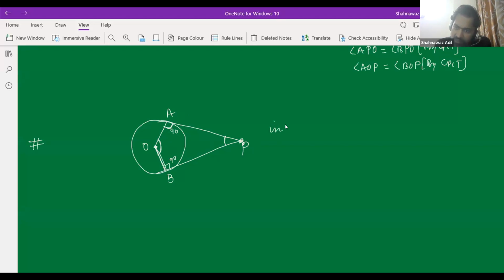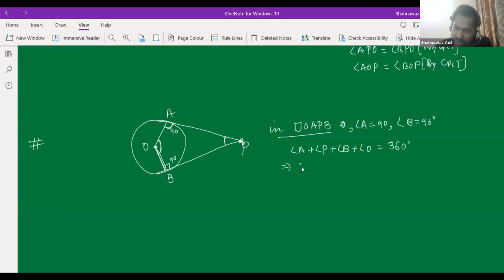So in quadrilateral OAPB, we know that angle A is 90 and B is 90. So we know that angle A plus angle P plus angle B plus angle O. In a quadrilateral, how much would be this angle? 360. OAPB is a quadrilateral, right?